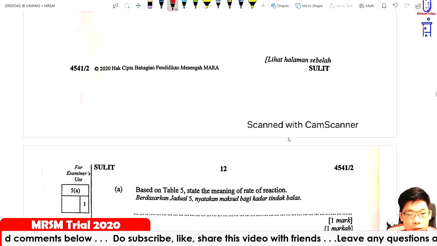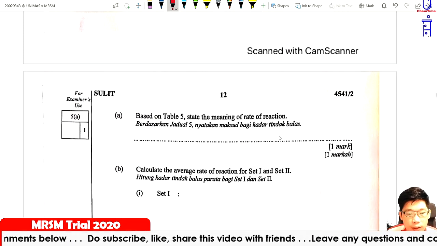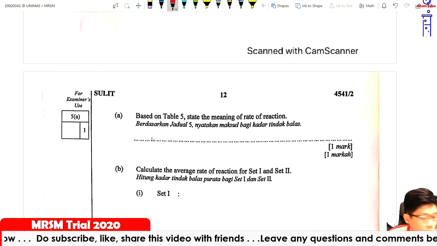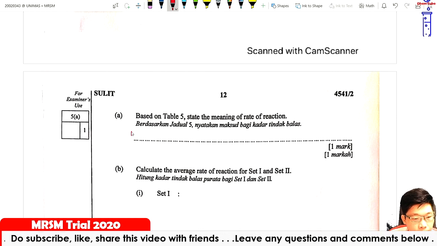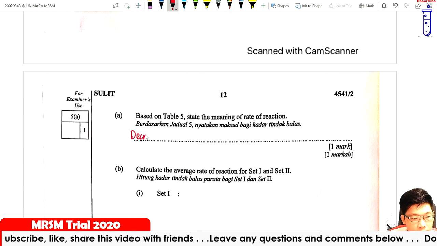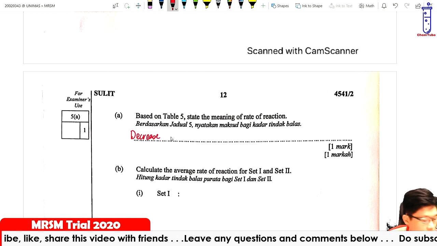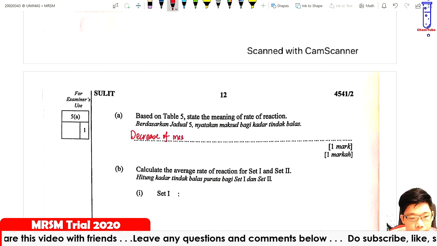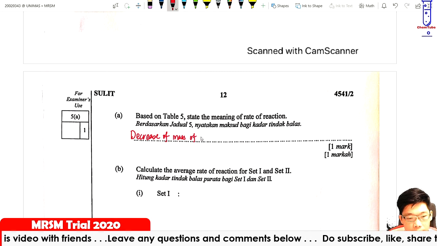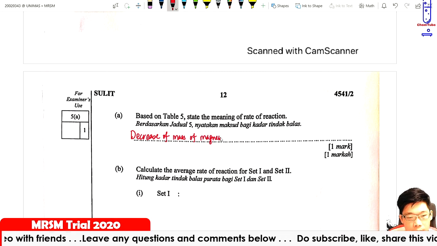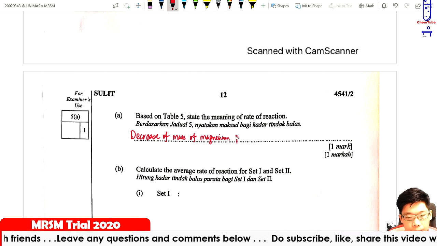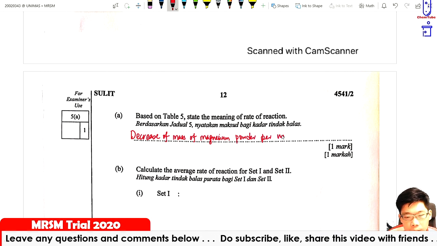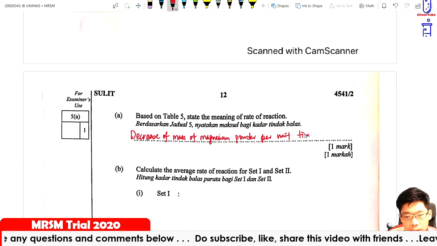So there are 2 ways for us to determine or state the meaning of the rate of reaction. Number 1, the decrease in the mass of magnesium powder per unit time.